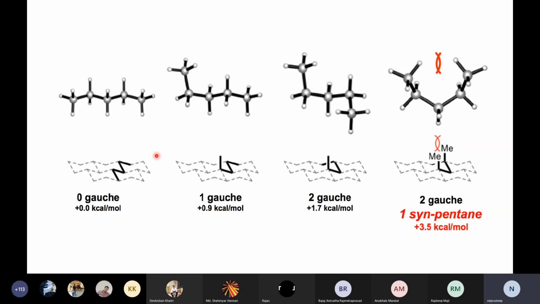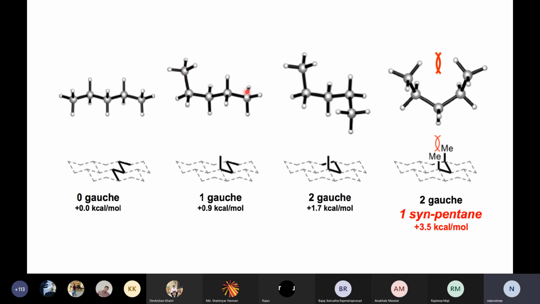If you take your anti form, it has 0 gauche, so there is no gauche interaction there. If you take the single gauche, if it is up, people call it minus gauche.